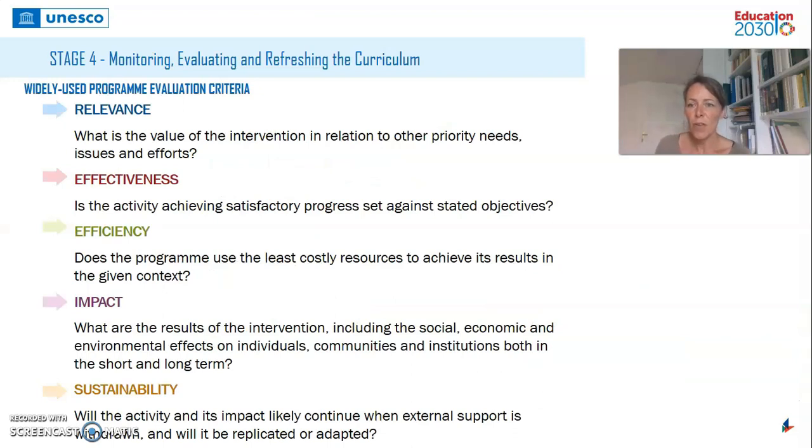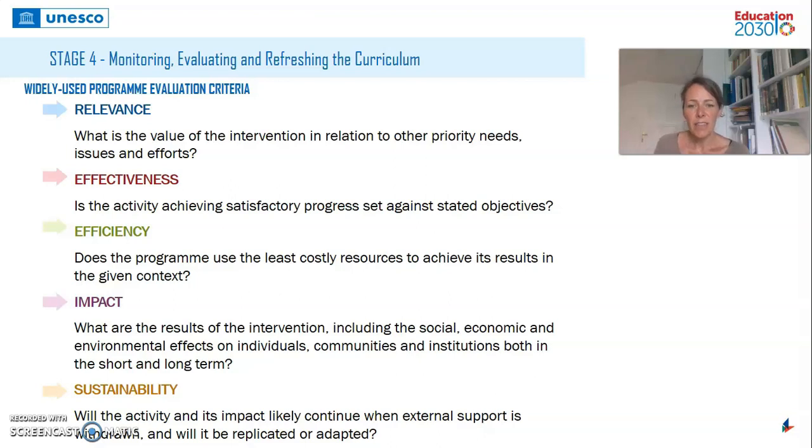Here are some of the evaluation criteria, which are very common. Relevance would be one: is what we are teaching in disaster risk reduction addressing the particular needs of the country or the school community?